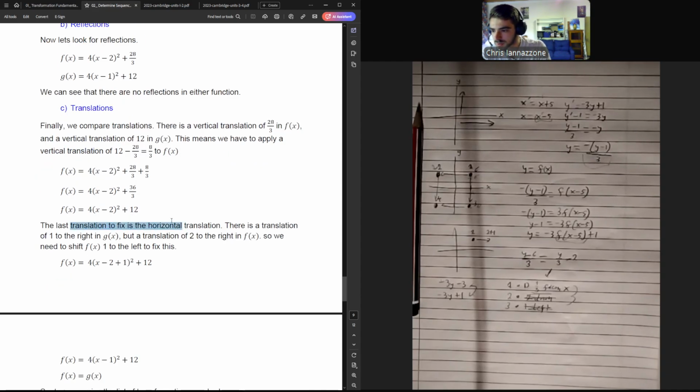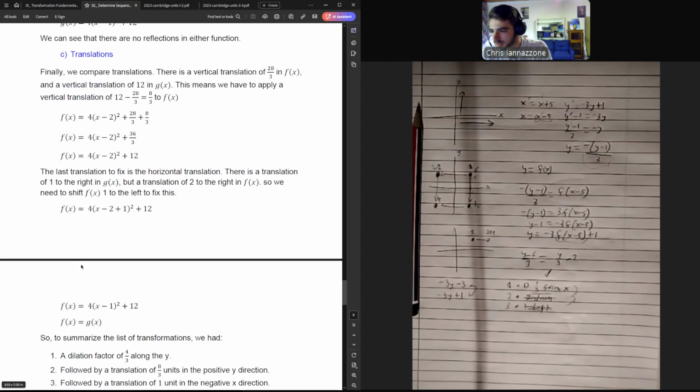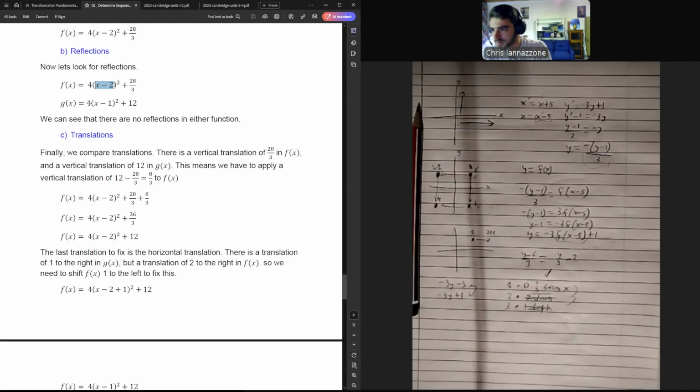And the last thing to fix would be the horizontal translation. So we're going from x minus 2 to x minus 1. That means we are going from shifting right by 2, in the direction of the positive x, to 1 in the positive x.